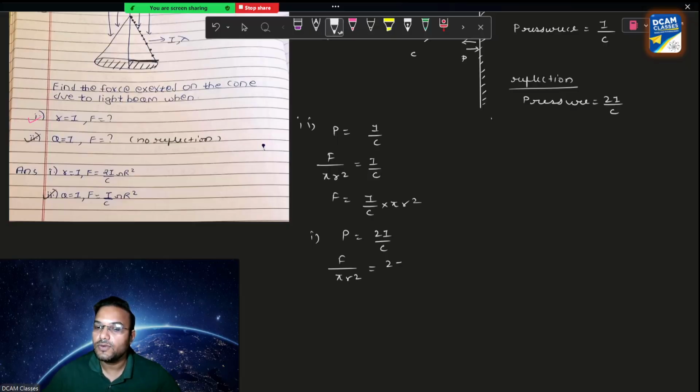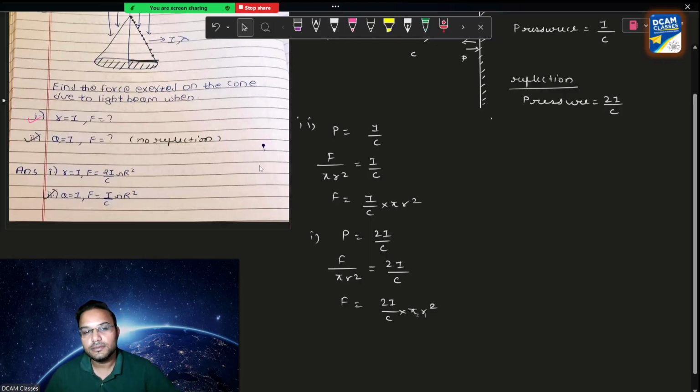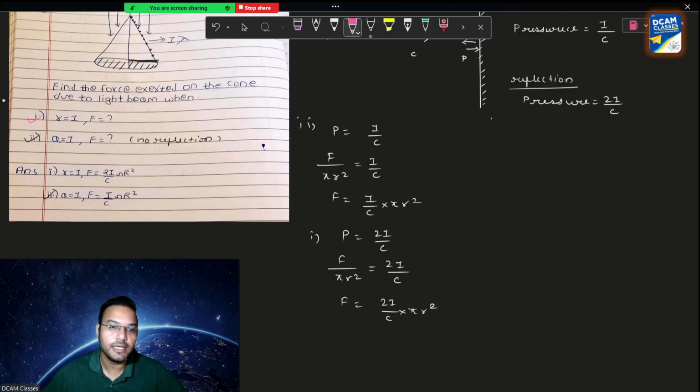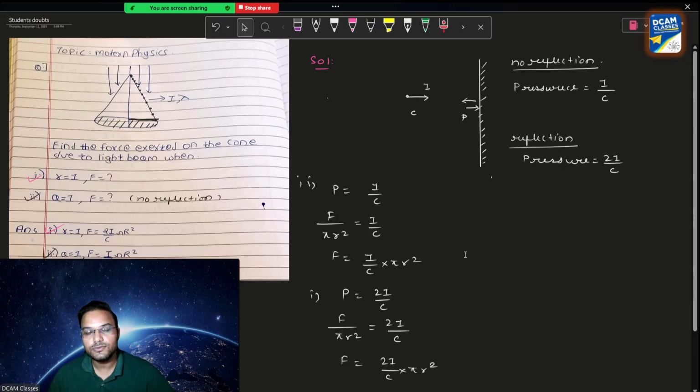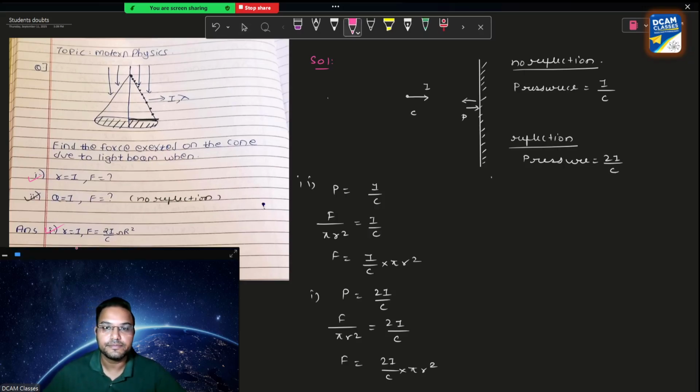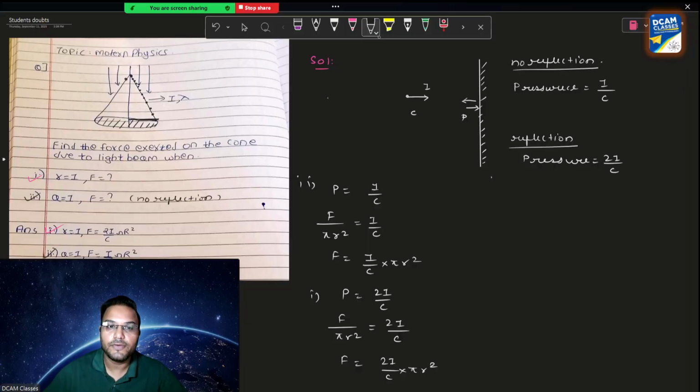So F is, in this case, 2I by C into pi r square. This was actually a very easy question. I said there is nothing involved in this question, so there was no need of solving anything. Yes, you could have done it mentally also. Very easy question.